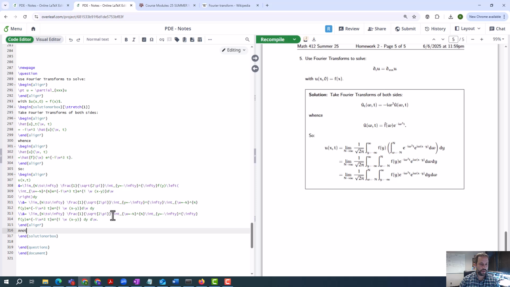Another way to do this is to take the inverse Fourier transform of this directly.